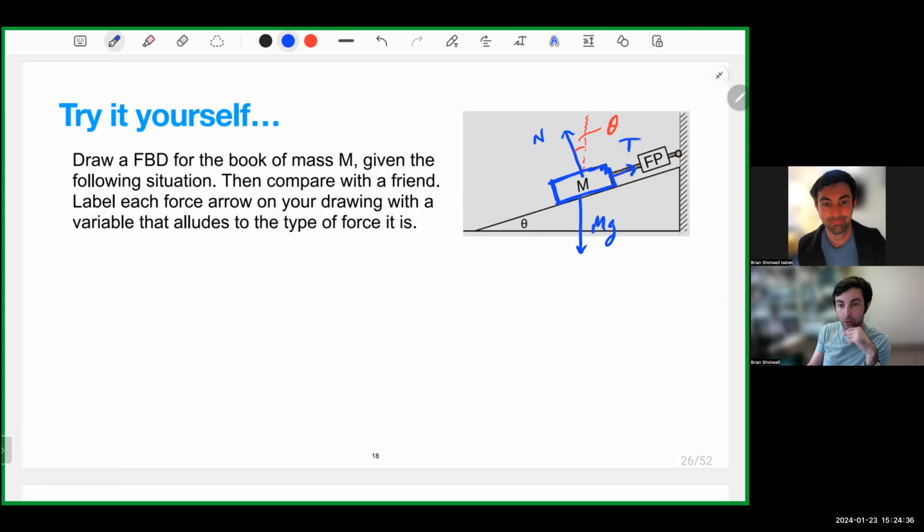There's a tension in that cord right there. And these 3 forces can sum up to give you 0 net force on the book. And it looks like those are the only 3 forces acting on it, on the book. There's no friction. So in most problems, you'd probably be told that it's a frictionless surface.